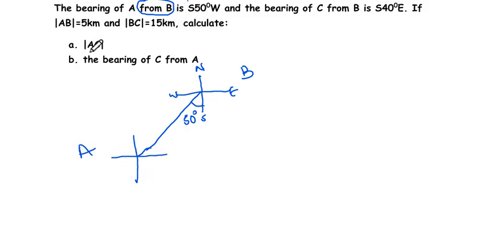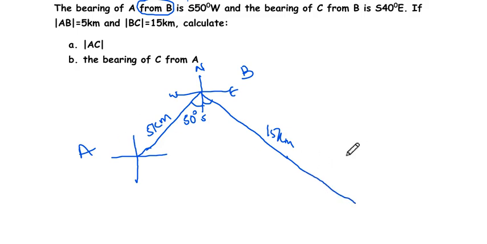Now we are told that AB is 5 kilometers. So this is 5 kilometers. Now from the second sentence, the bearing of C from B is south 40 degrees east. South 40 degrees east, that means we are going from south towards the east. We measure 40 degrees. We are sketching, mind you, we are not measuring. So south 40 degrees, and we are told that BC is 15 kilometers. That means this will be longer than AB.